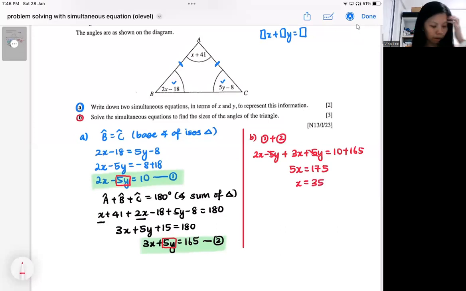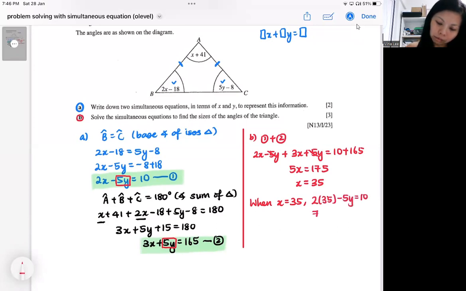When you get your x, you can put it into any of the equations. Okay, I put it into equation 1. It's up to you which equation you want to put it into.